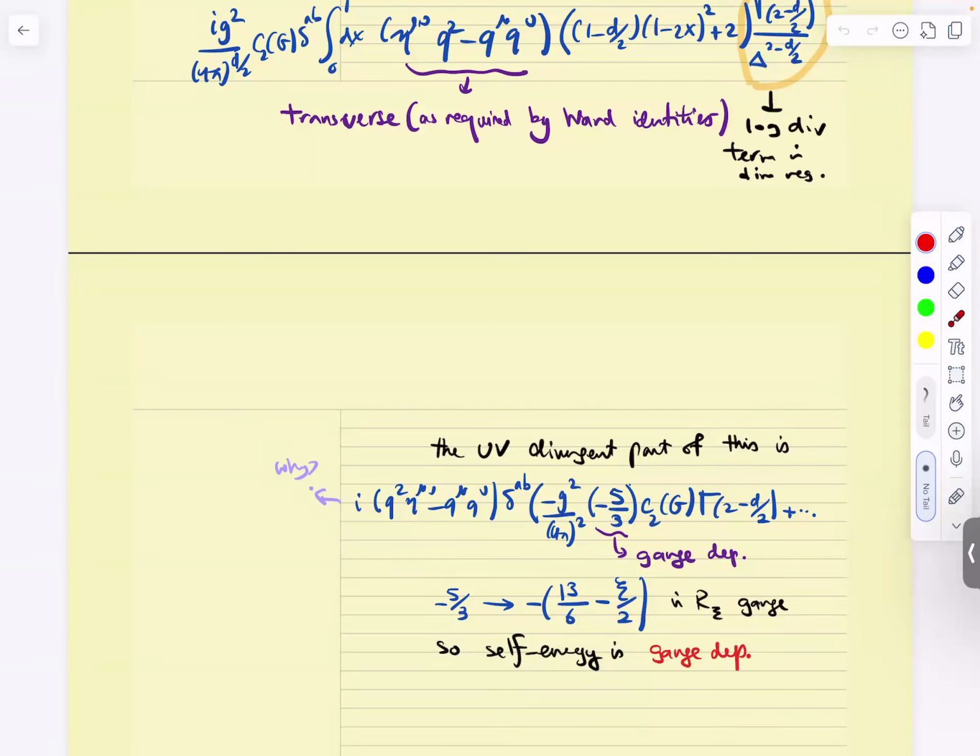Then we coupled a fermion to it. Then there was, I think, minus a gauge fixing term. Actually, how did I write the gauge fixing? The d mu, right? Yeah, I think I wrote d mu.